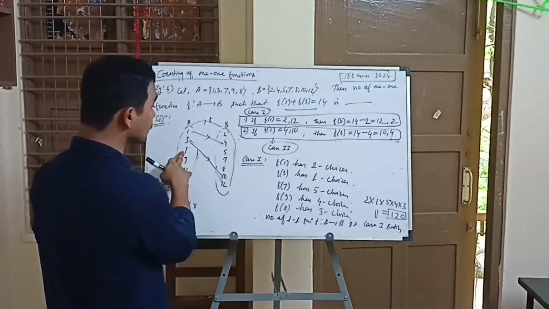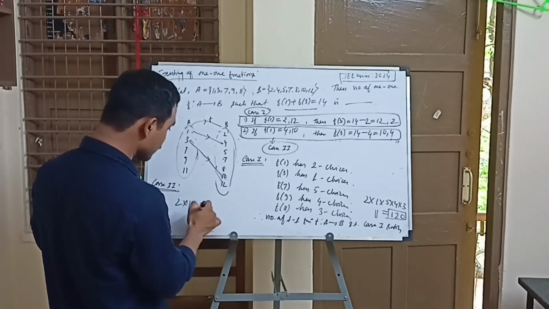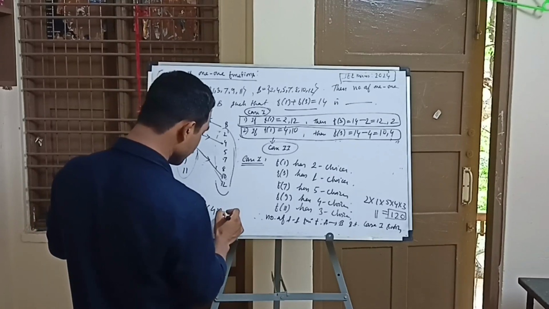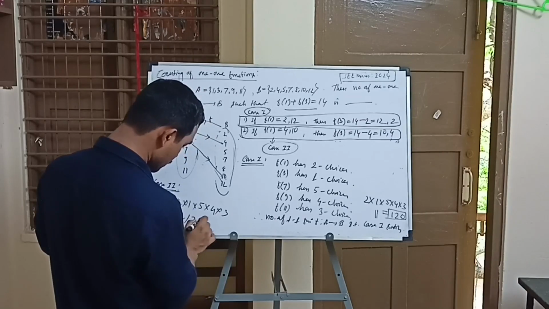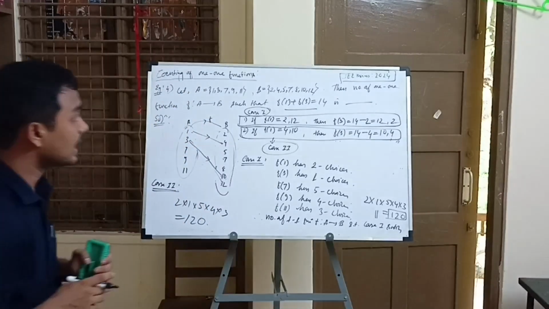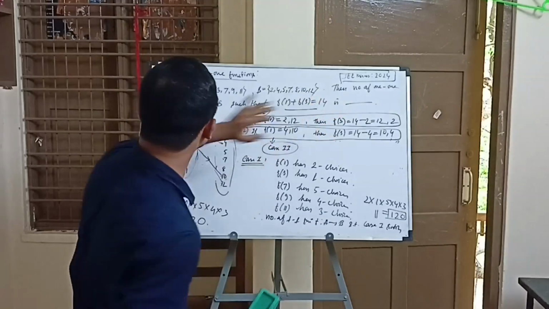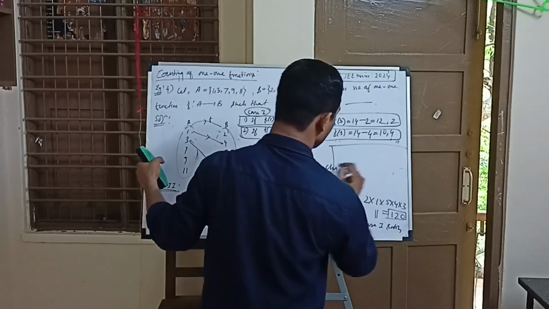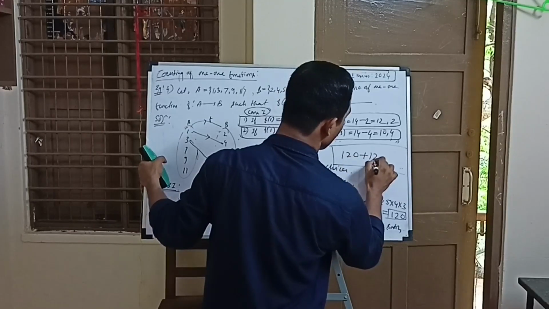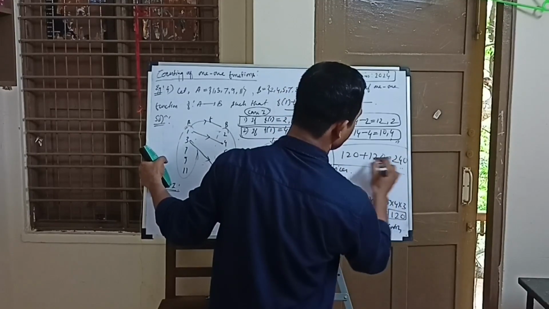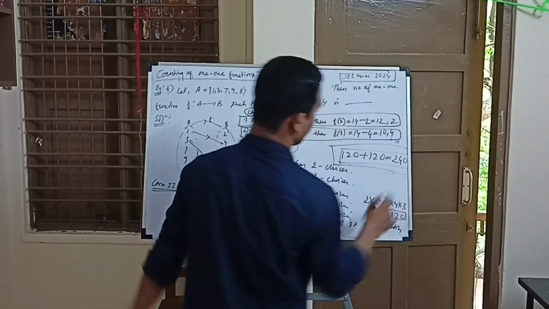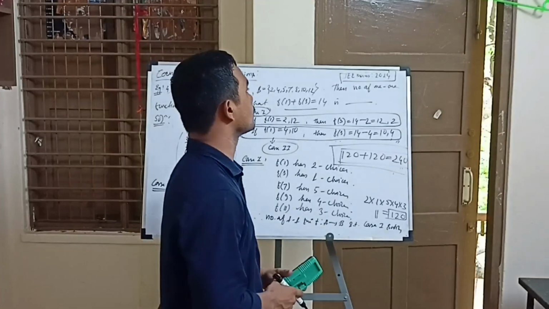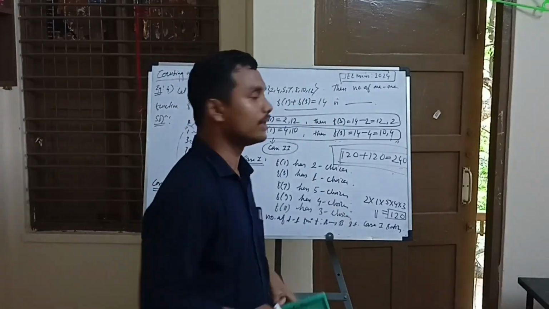Then f of 7 has 5 choices, f of 9 has 4 choices, and f of 11 has 3 choices. This is 120. The answer is the total number of one-one functions from A to B satisfying this condition: 120 plus 120, which is 240. Correct? It is an interesting question asked in JEE Mains 2024.